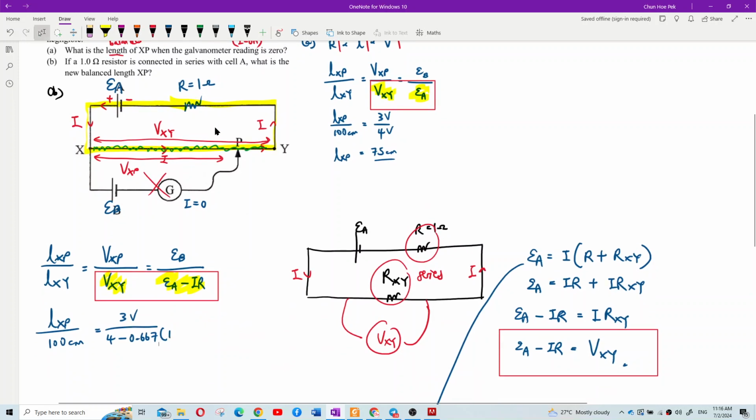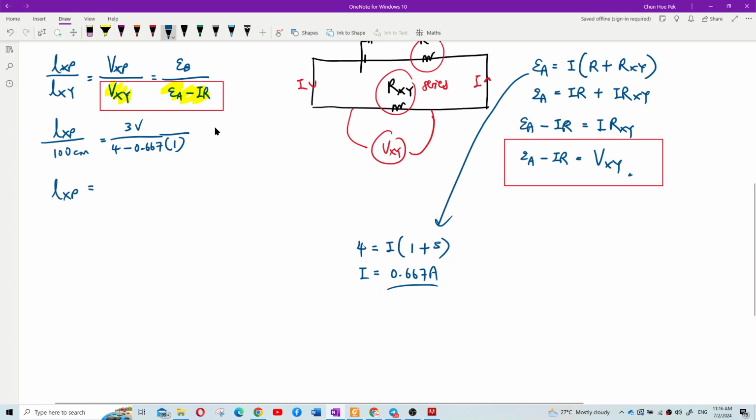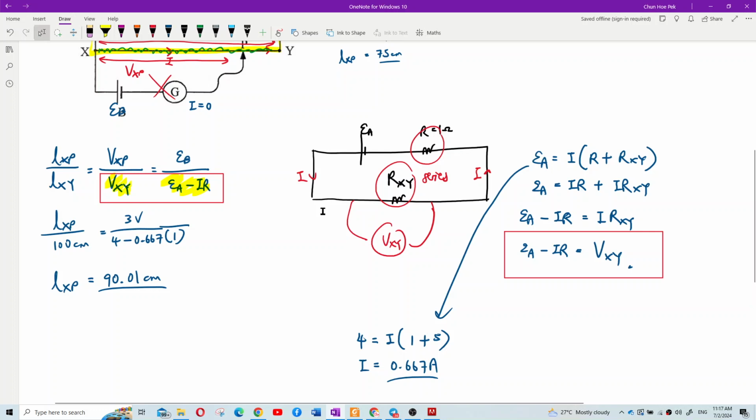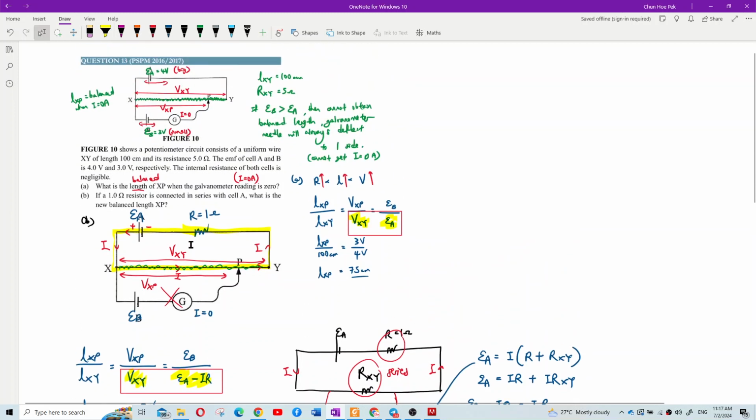So I got the final answer, LXP: 3 divided by 4 minus 0.667, then multiply by 100 cm. So the final answer is 90.01 cm. Last time the balance length was 75 cm. Now it increased to 90 cm because you put a resistor here.